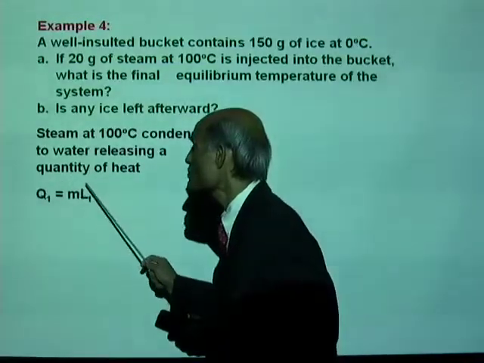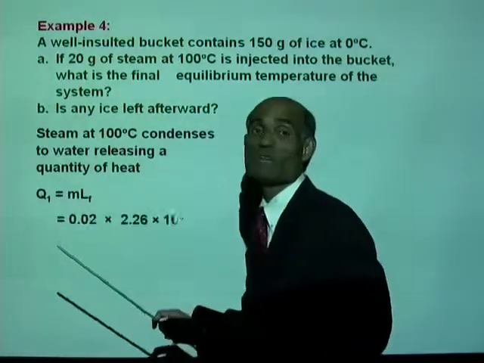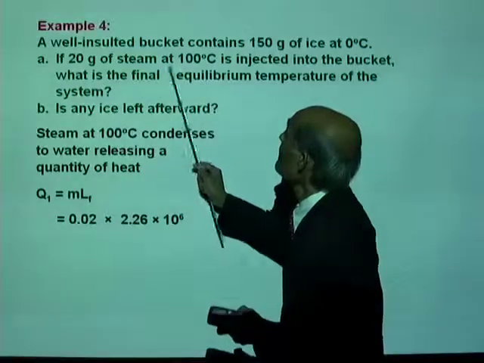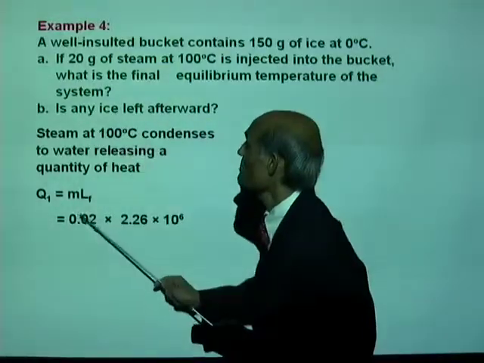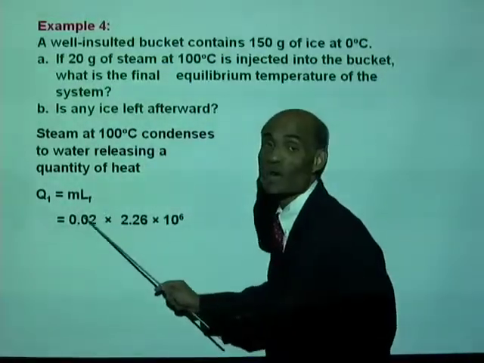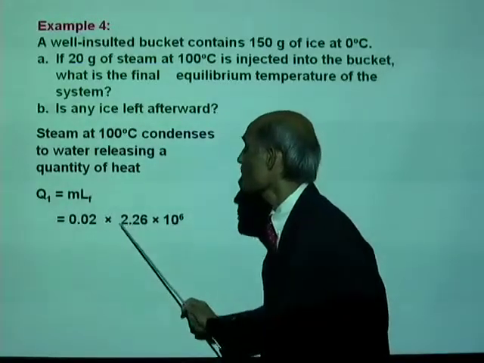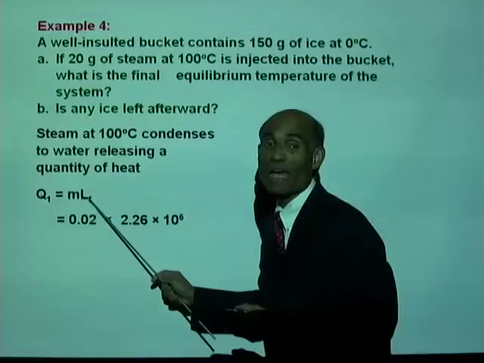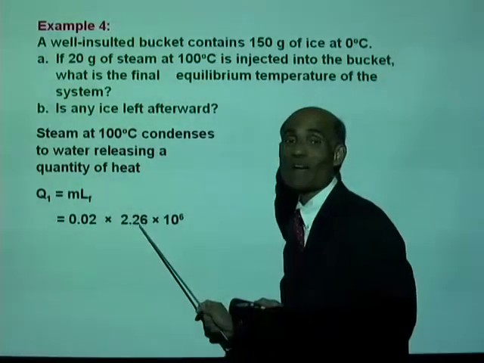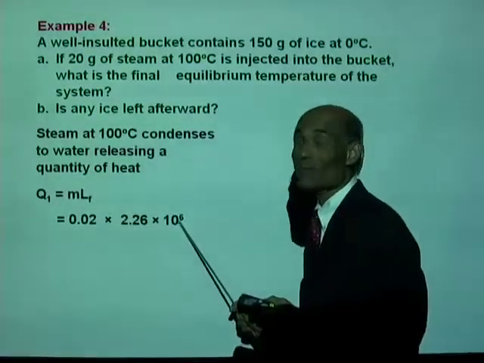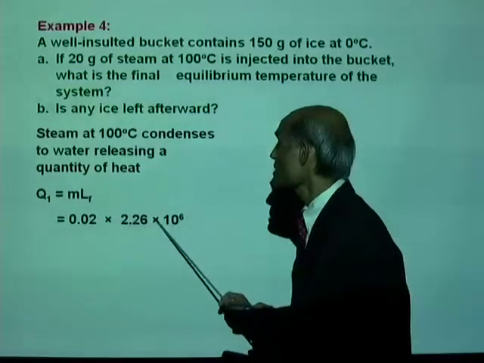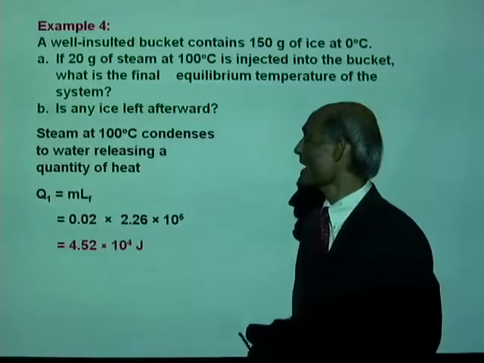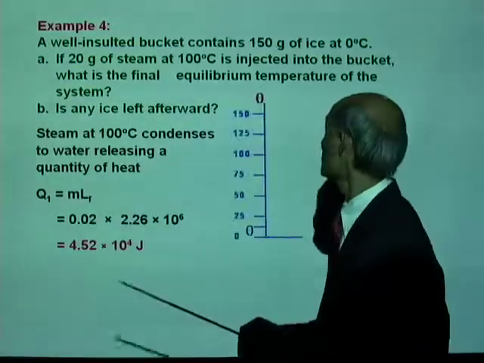Q1 equals mass times L sub V. That will be 0.02 kilogram, that is 20 grams of steam, times, I have used the right value for L sub V here. Although I wrote LF here, I have used the value of L sub V here. That is 2.26 times 10 to the 6, and that is 4.52 times 10 to the 4.